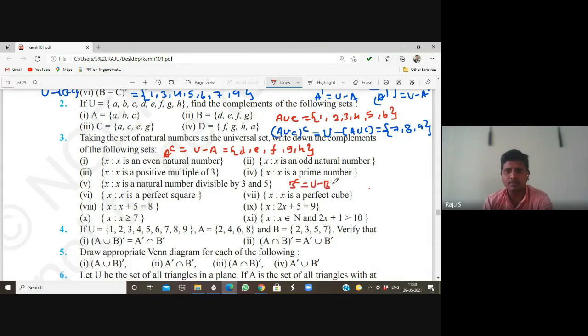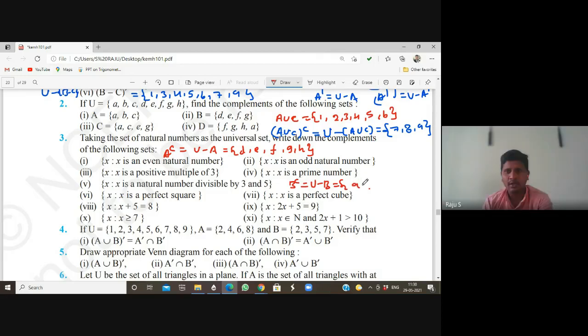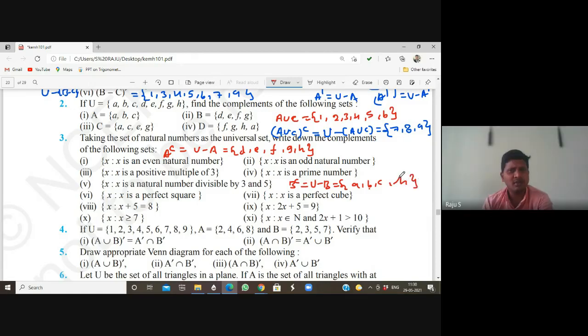U minus B. That is other than A, B, C, H. Is it right, student? Other than these elements belonging to universal, cancel D, E, F, G. Remaining A, B, C and H is the answer.